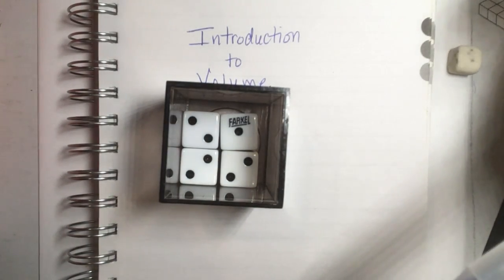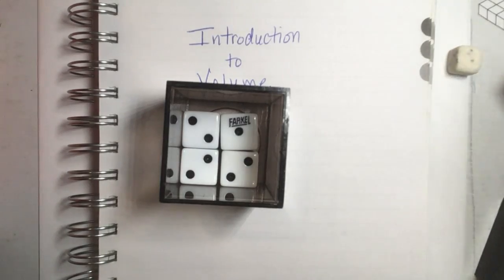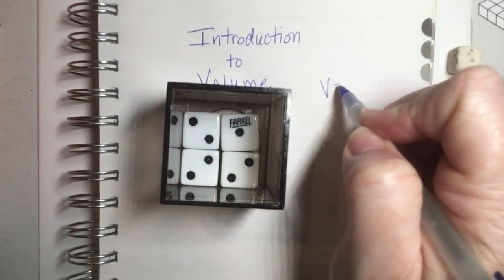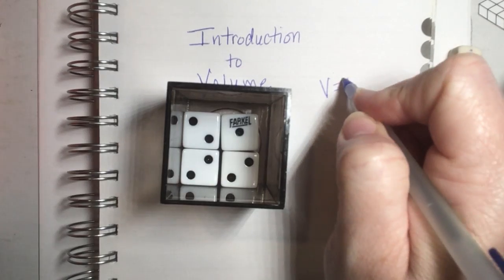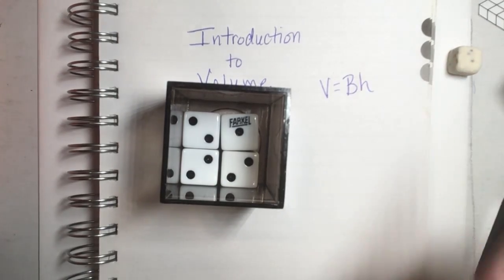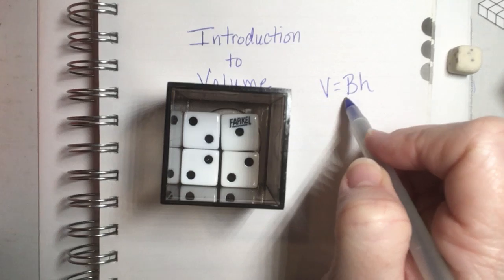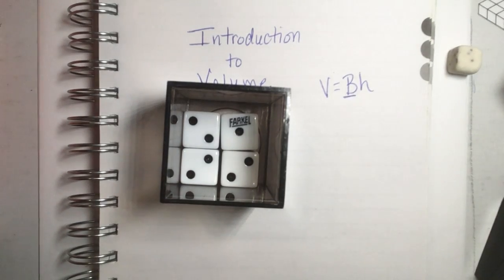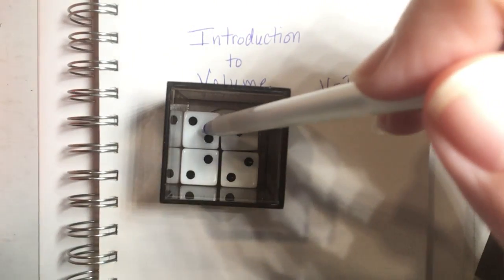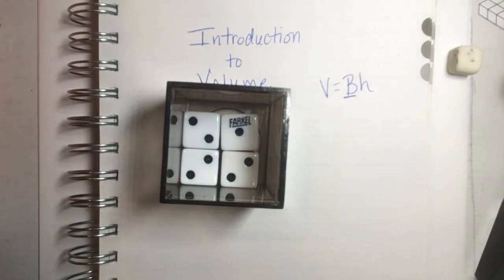Okay? So when we're finding volume, your formula for volume on your formula chart for a prism, different shapes have different formulas, but for a prism, it has this capital B. And that capital B stands for the area of the base. Now, 6th grade would have been the first year that you learned about the area of the base. Okay, and you can see we have 1, 2, 3, 4 squares.